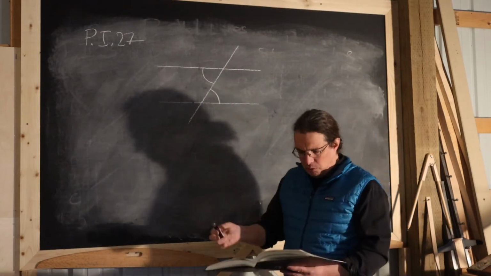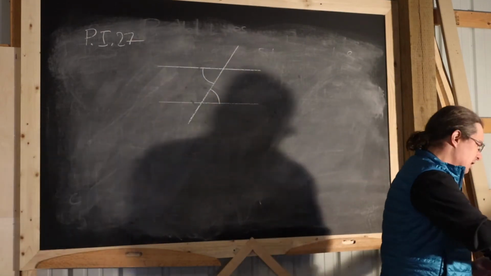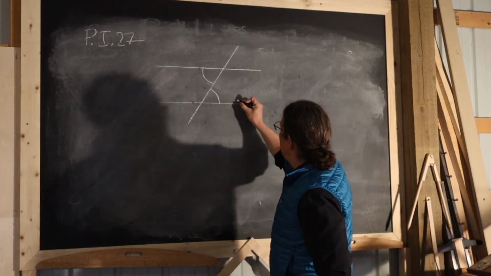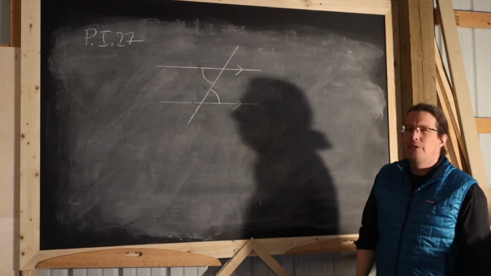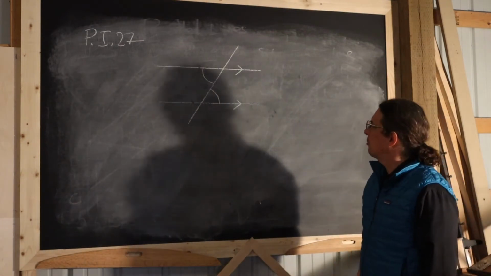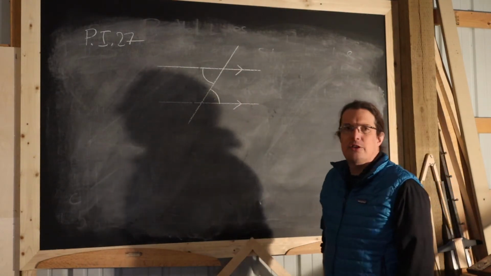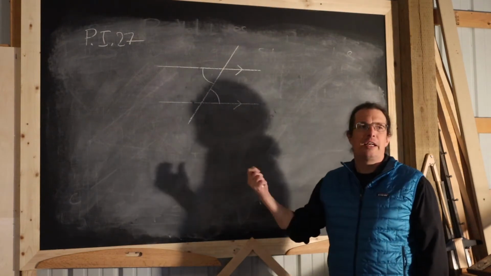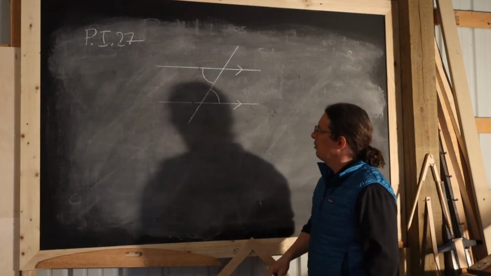But if those are equal, and those are the alternate interior ones, then these two lines are going to be parallel. And we indicate parallel lines with those arrow marks on the lines. So because these alternate interior angles are equal, these lines are parallel. That's what proposition 27 of book 1 says.